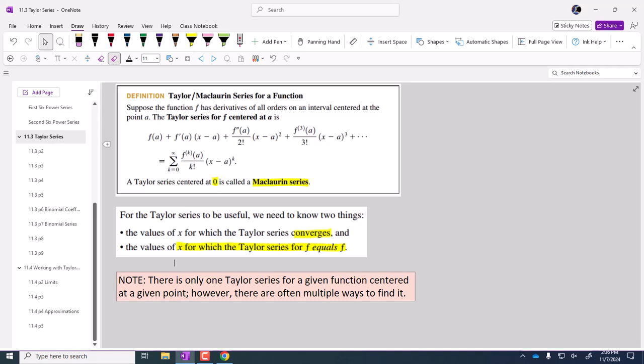For all the functions that we deal with, the Taylor series and the function are going to be identical on the interval of convergence. Okay, they're going to match. There is this weird subtlety, though, that just because you've created a power series from a function, it's not necessary that that Taylor series actually is equal to that function.